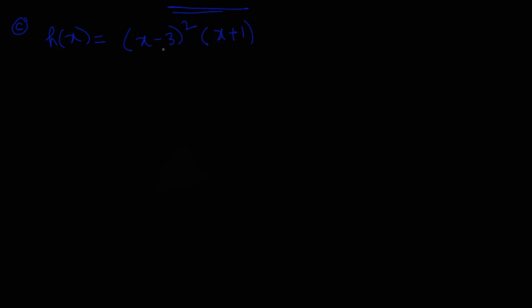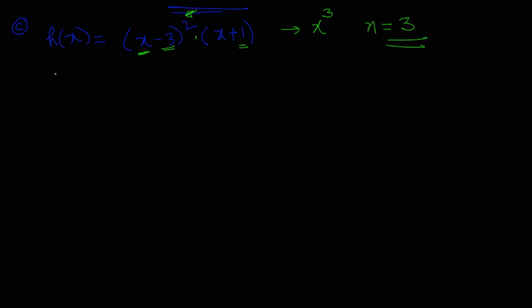Of course, I'm not going to count the −3 or the 1. So let us look only at the x. I have x with a power of 2, so x squared. Then x squared multiplied by x gives x cubed. So again this is a third degree polynomial, and I can have a maximum of 3 real zeros.